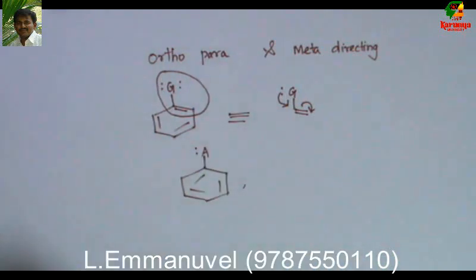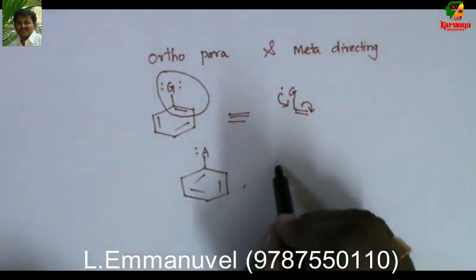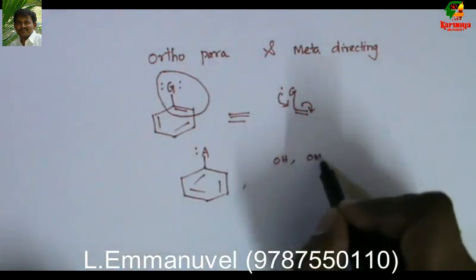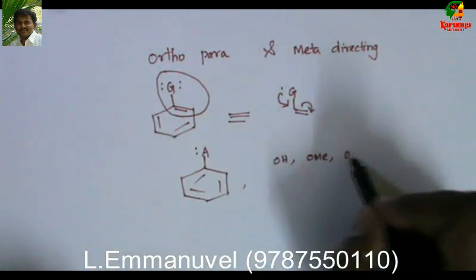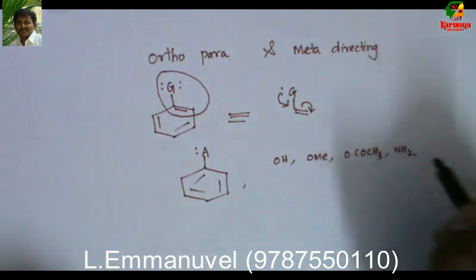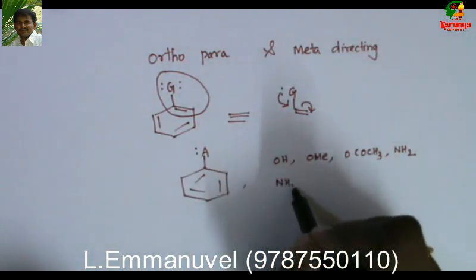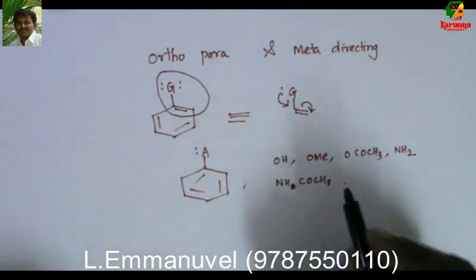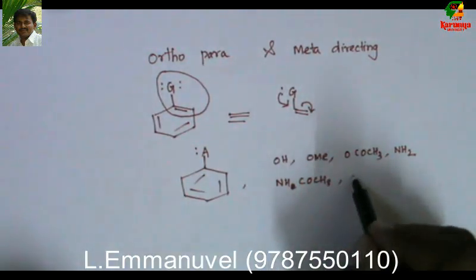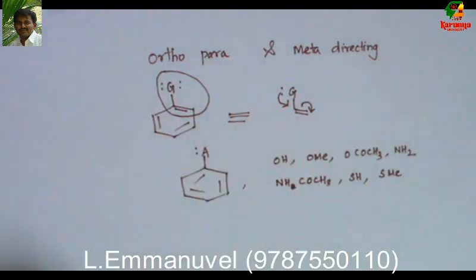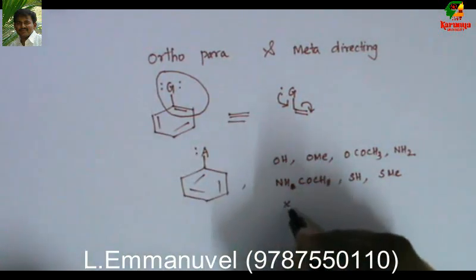For example, if oxygen is attached to this, maybe phenol or ether, acetate, NH2, acetanilide, thiophenol, thioether, halogens.